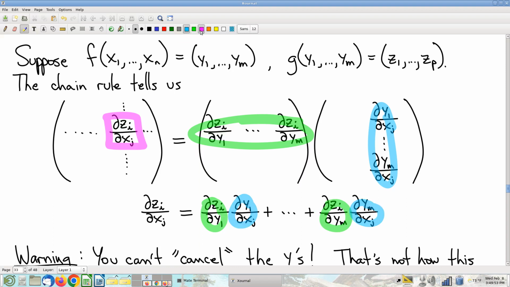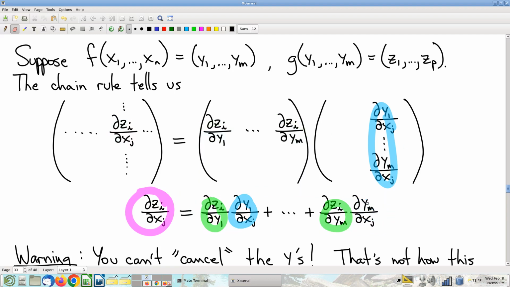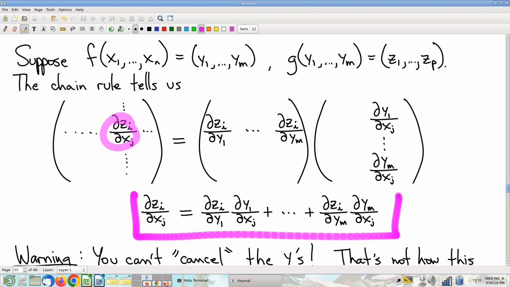If you only need one specific entry of a derivative matrix, which is very often the case, you can just remember this one formula and not have to compute the entire matrix.